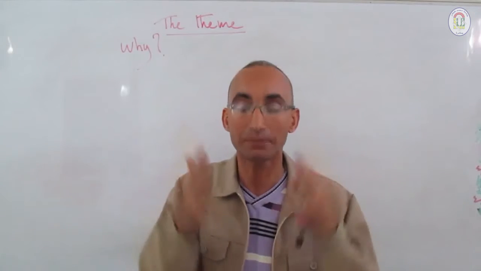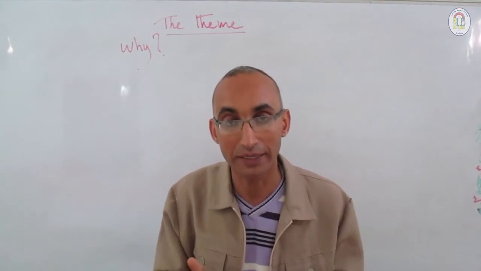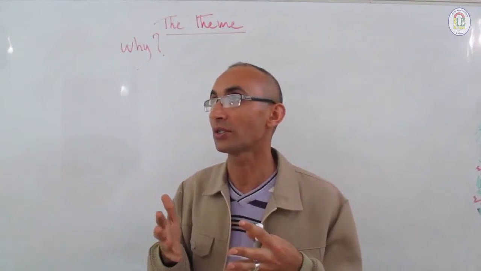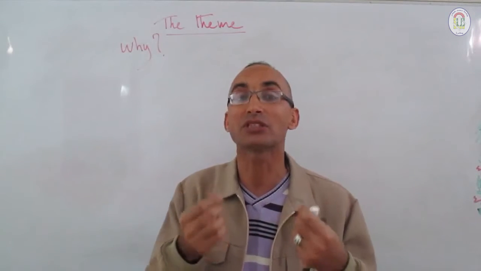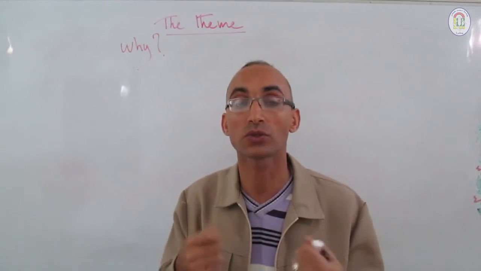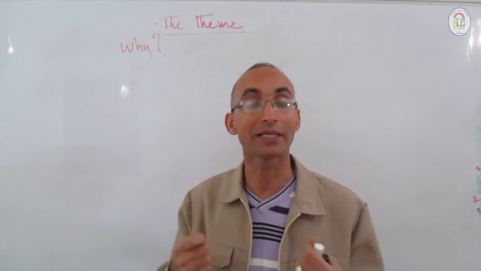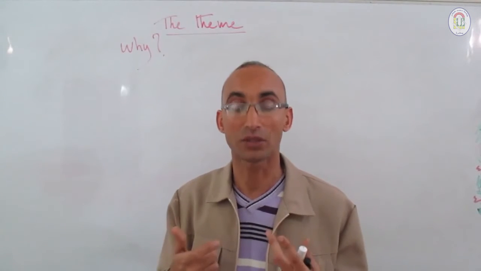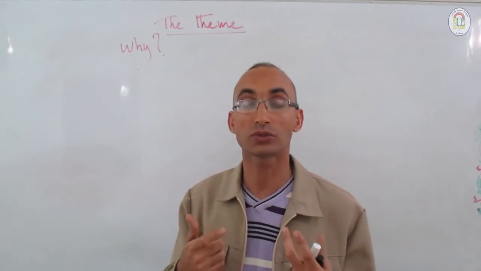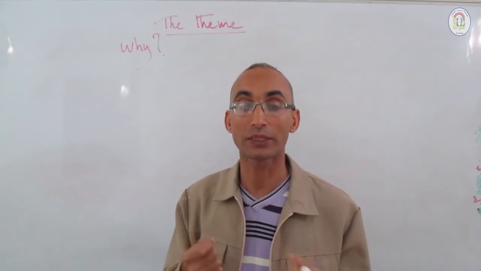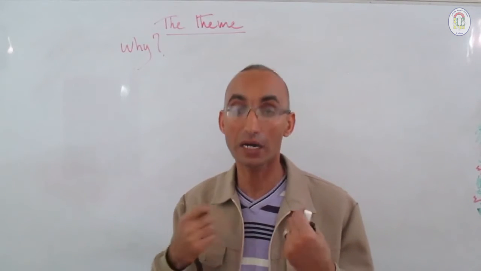But when we say theme, we mean that underlying message the writer wants to convey through this topic. Clear? That lesson he wants to preach through his piece of fiction or of art.